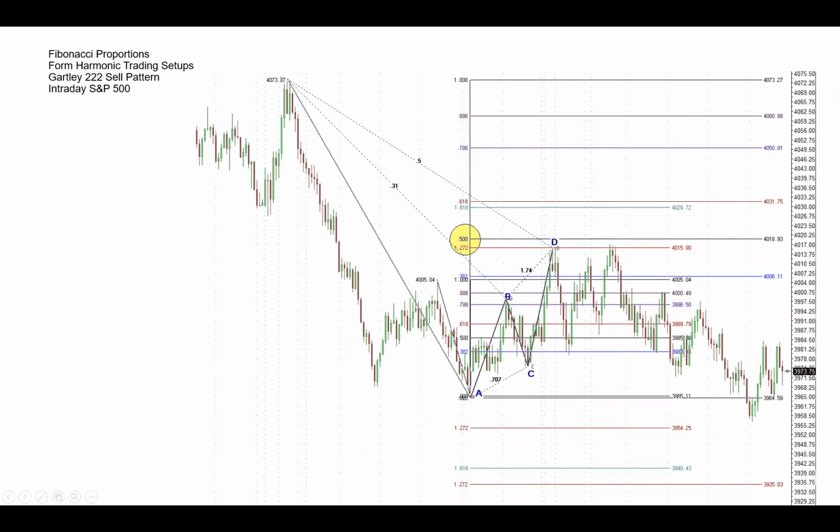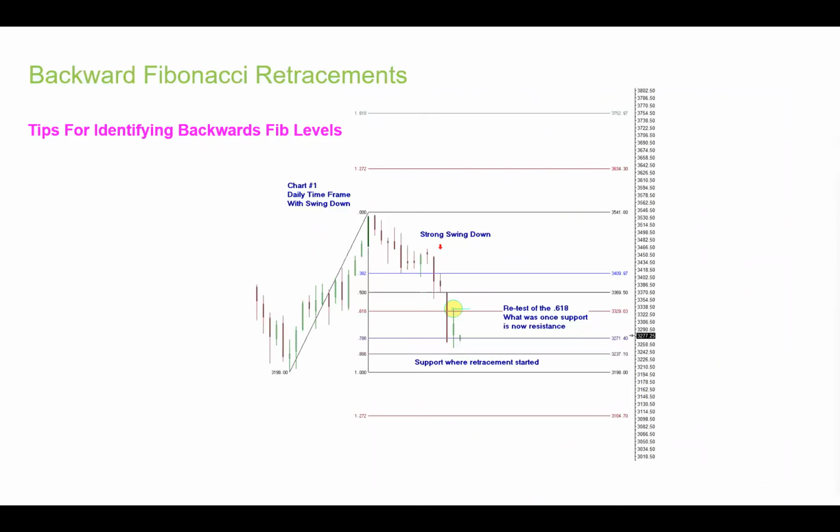Okay, so let's look now. I told you about backward Fibonacci retracements. Backward fib levels is what I like to call them. I noticed these over years and years of studying and observing price behavior. When Fibonacci levels that are support become broken, very often those levels will be retested.